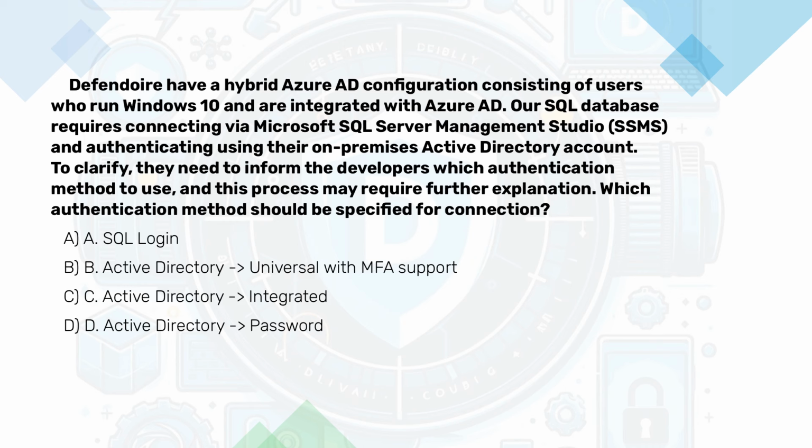We need to inform the developers which authentication method to use. Which authentication method should be specified for connection? A. SQL login. B. Active Directory Universal with multi-factor authentication support. C. Active Directory Integrated. D. Active Directory Password.